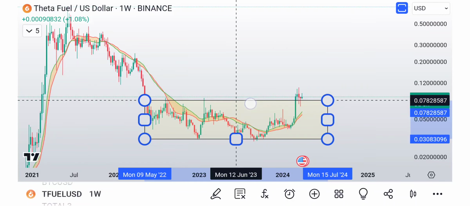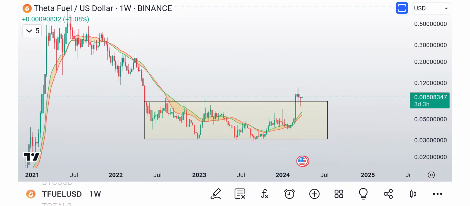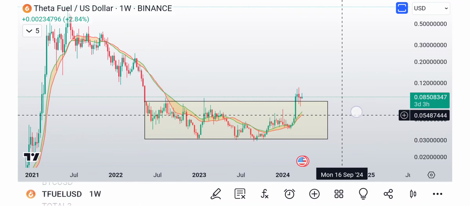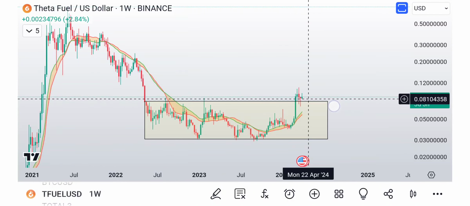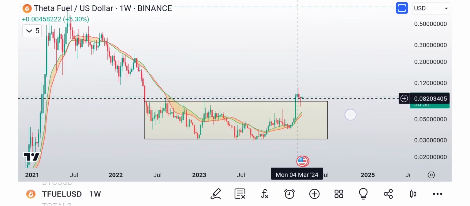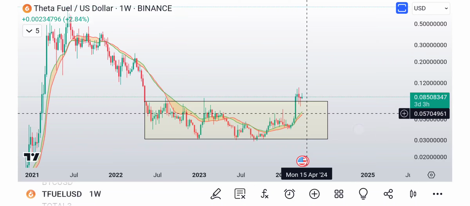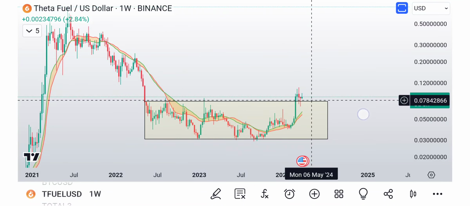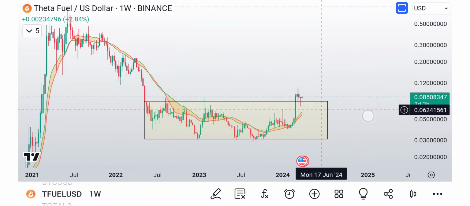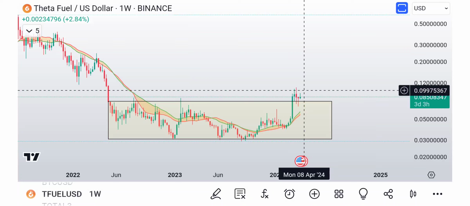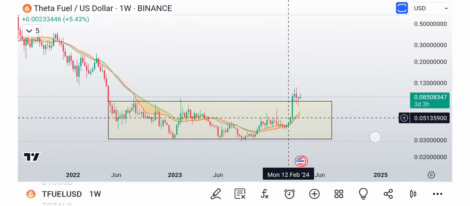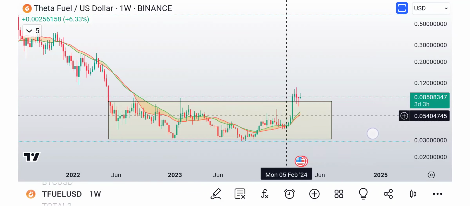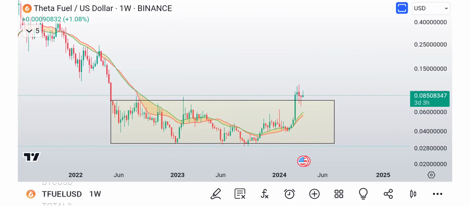Which makes me believe probably Theta won't have to come all the way down there, because if Theta had to come all the way back down to backtest the range, then that would mean Theta Fuel would have to go back beneath the range. And if that happened, there's a risk of it retesting this support as resistance, right? But then again, you also have the bull market support band down here to be held or supported by it.